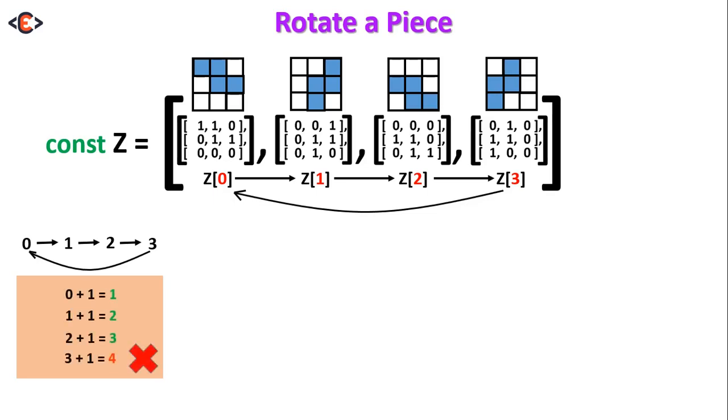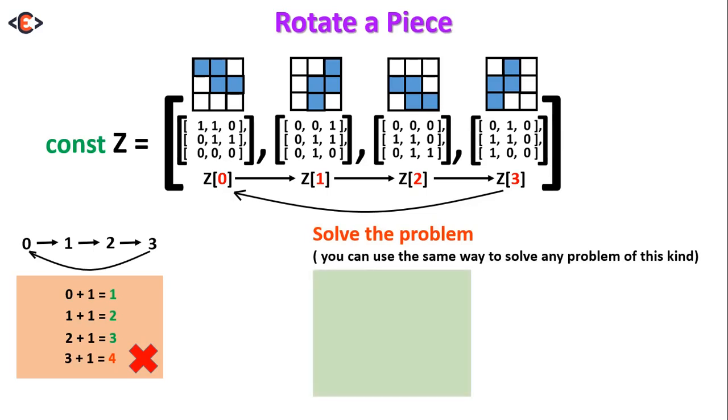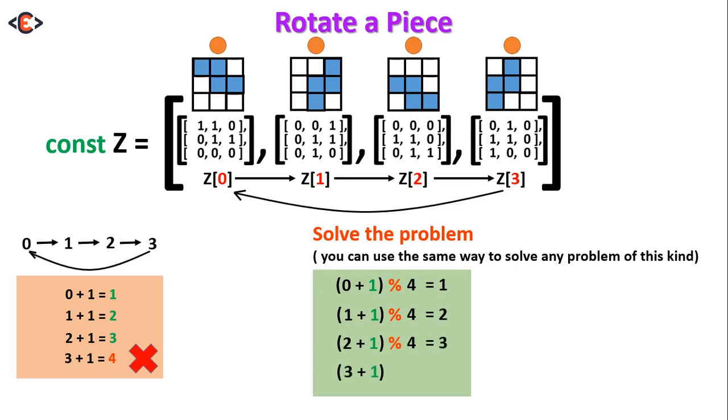So to solve the problem, we will say the first index 0 plus 1, then modulo, we have here at the top 1, 2, 3, 4, 4 patterns, so we have to say modulo 4, this will give us 1. When we go to the next pattern, we will say 1 plus 1, modulo 4, this will give us 2, and this one 3, and the last one will give us 0.